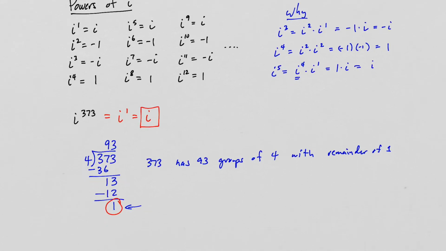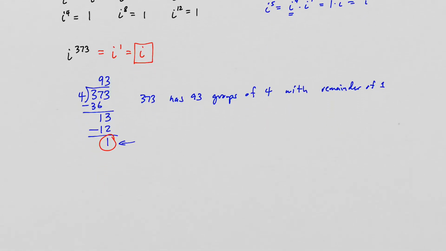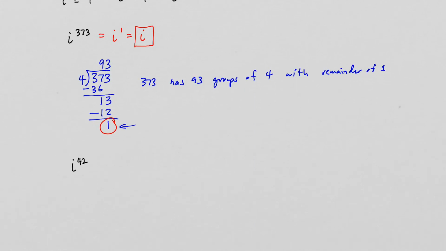Let me just show you one more. Suppose we wanted i to the 42. The simple process is, you take the power 42, you divide it by 4. 4 goes into 4 one time. 1 times 4 is 4.